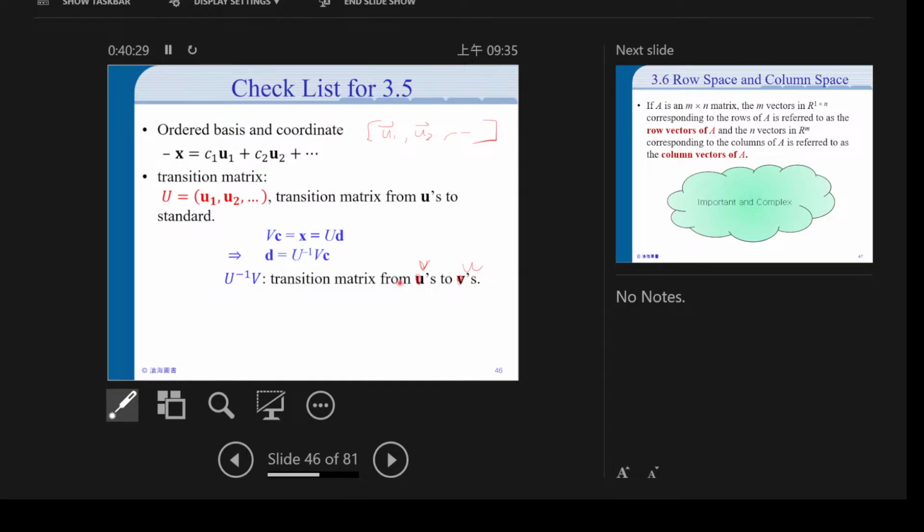I will fix the notation later because it's a bit confusing, since I have a C with U here and a C with V here.